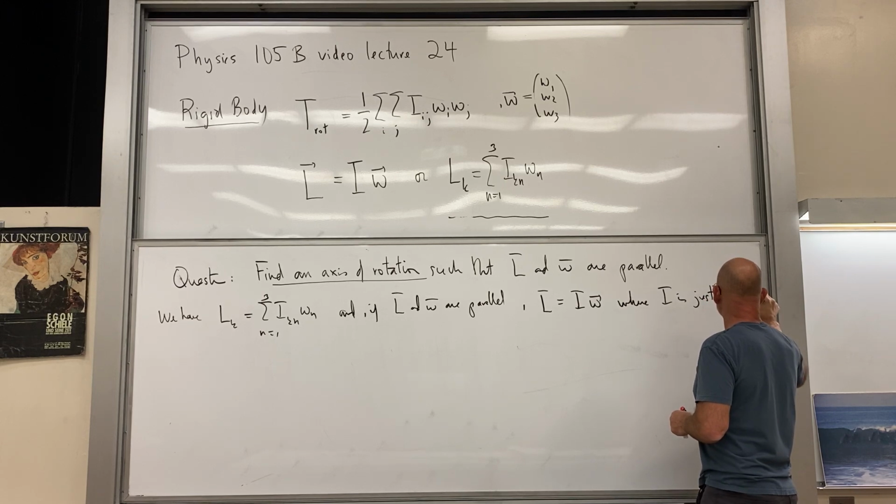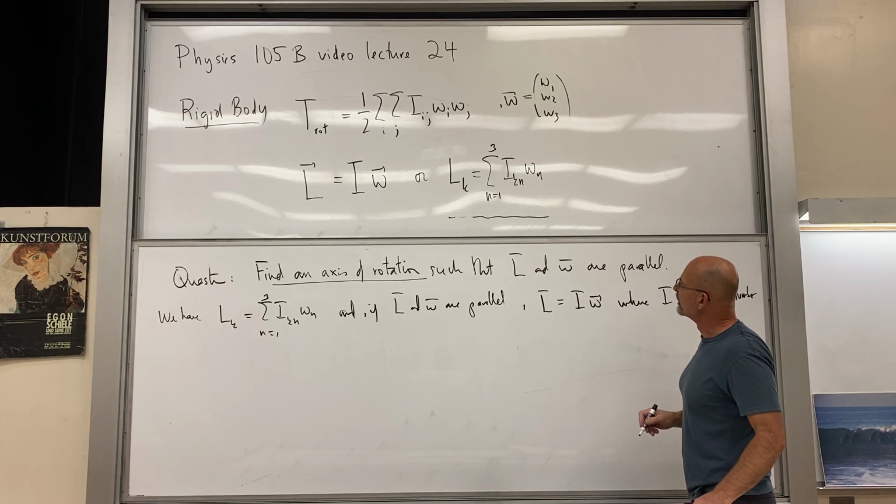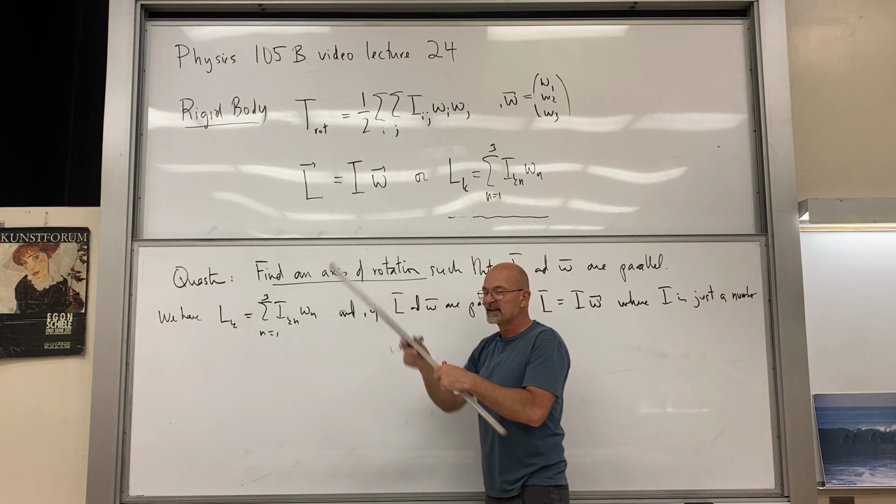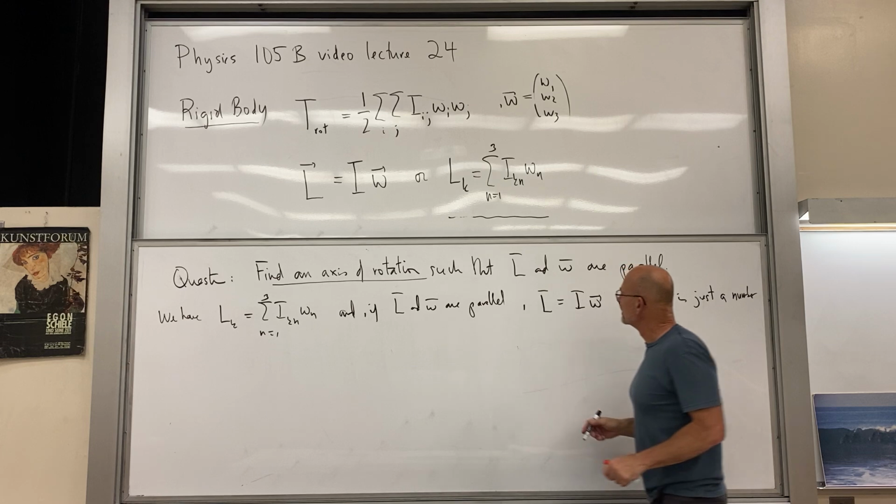Okay, well, I'm using the same letter, which may not be so good. Sometimes you could write this one bold or something like that. You could do a number of things.